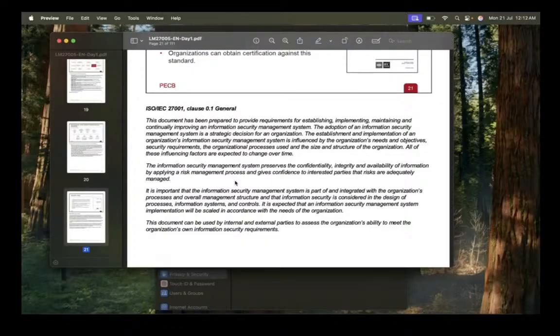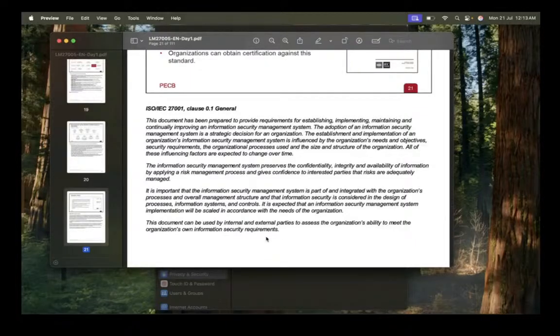The establishment and implementation of an organization's information security management system is influenced by, of course, the organization's needs and objectives, security requirements, the organizational processes used, and the size and structure of the organization. So basically, this gives you a little brief about what clause 0.1 of this ISO standard talks about.